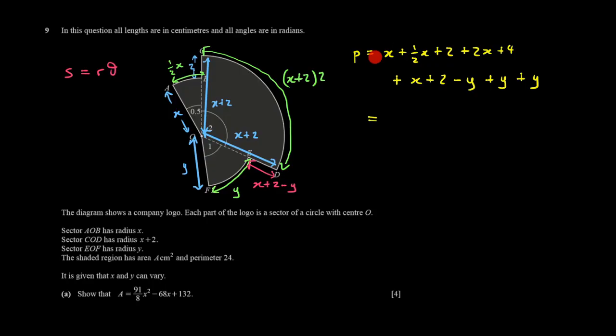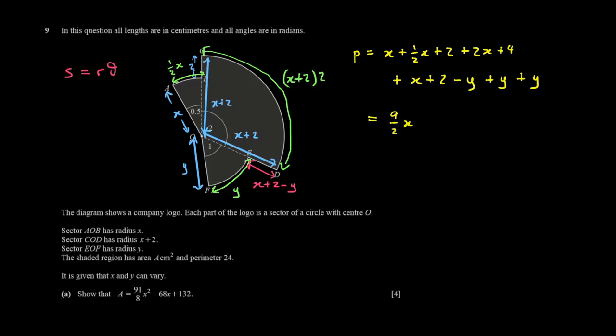So we have got x plus a half x, right? So that's 1.5x, plus 2x is 3.5x, plus this is going to be 4.5x. So I get there, that's 9 upon 2x.